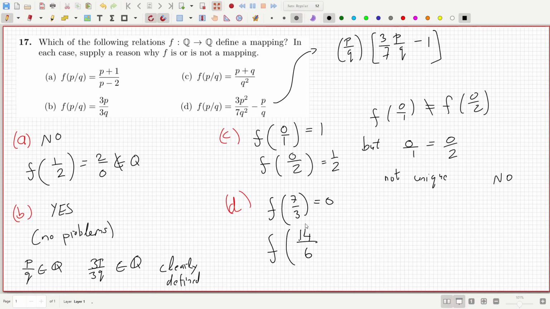Oh, I guess actually it's the same problem as before because I have the P over Q in the front. So 0 over 1 and 0 over 2, they both would become 0 in the end. So you have a situation where they're supposed to be the same because they're both 0.